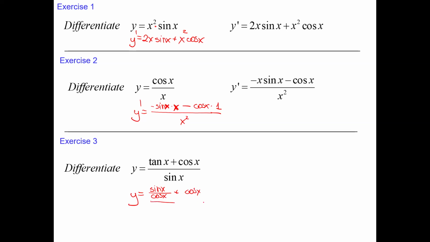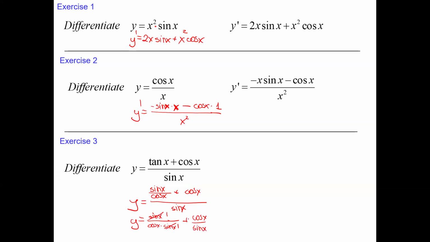We can divide: sine of x over cosine of x in the numerator, and cosine of x over sine of x in the denominator, because I wanted to cancel this one.